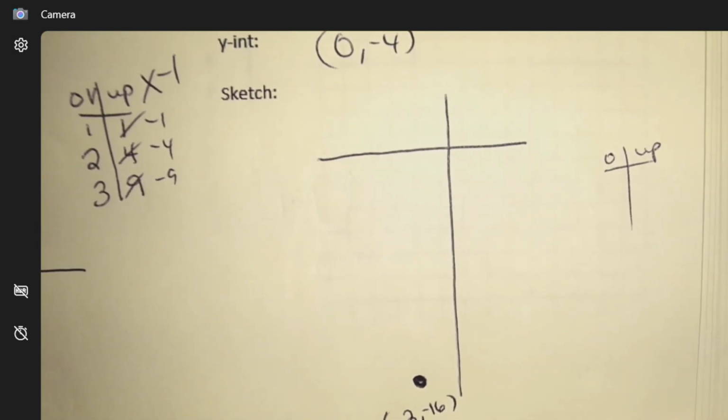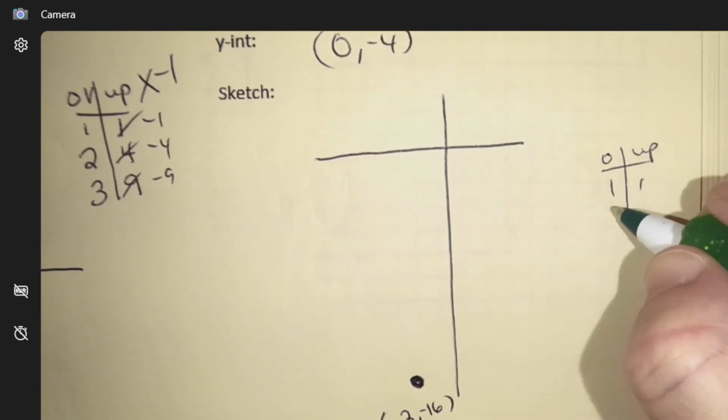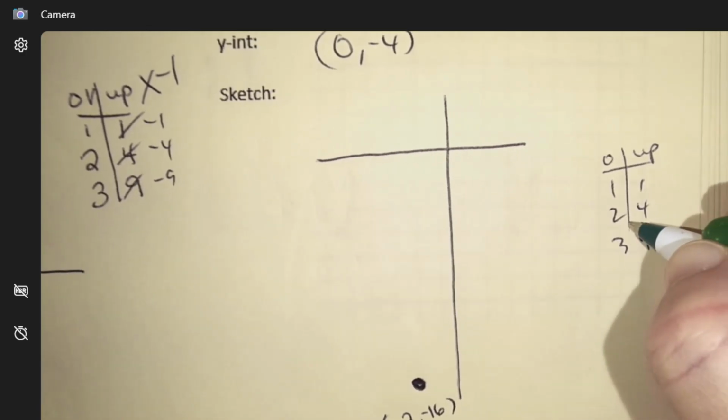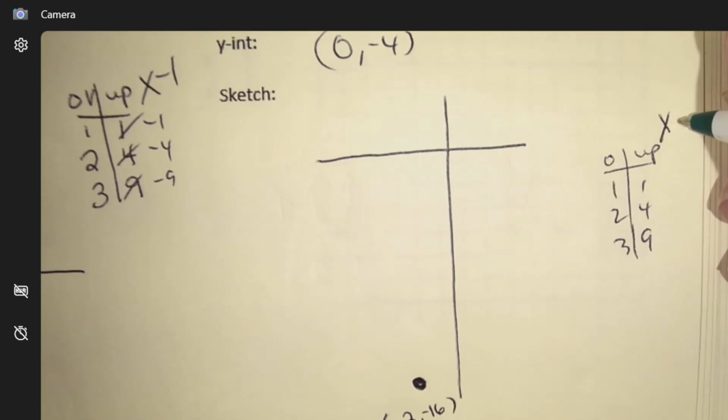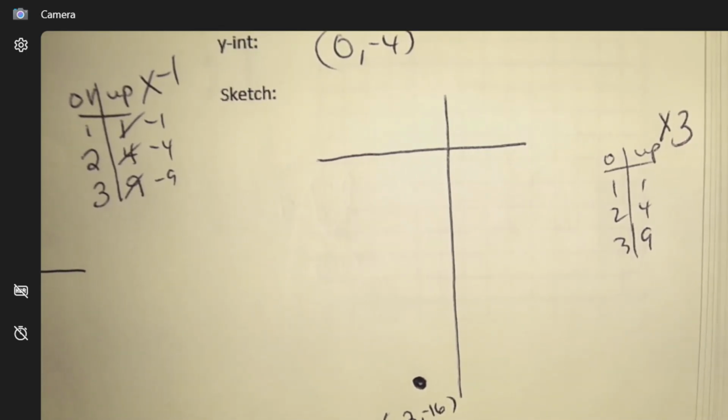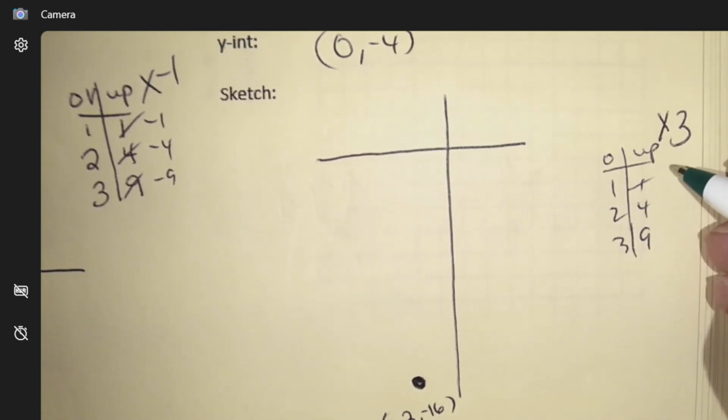Okay, so 1, 1, 2, 4, 3, 9. That's that pattern of the parabola. Do we do exactly that, or should we change that? Change by 3. Slope numbers.